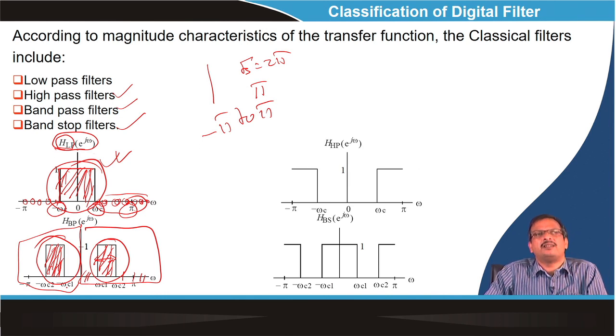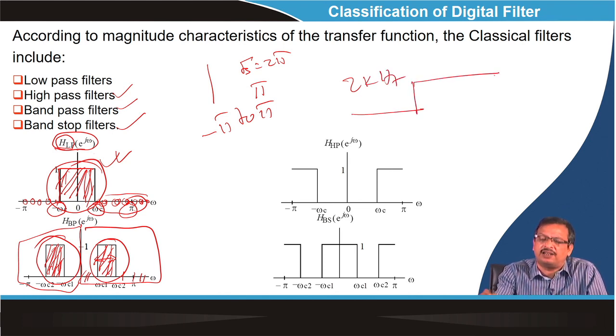Then the high pass filter. What is the maximum frequency in the digital signal? It is π, from π to minus π. Say a 2 kilohertz high pass filter means that the signal exists after 2 kilohertz, and below 2 kilohertz the signal should not exist.